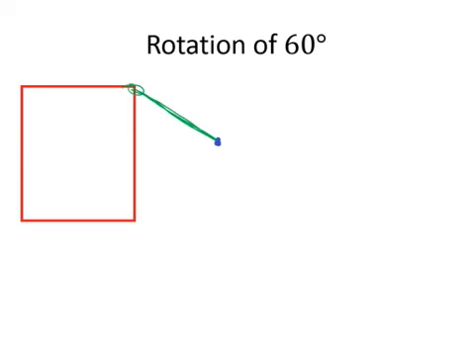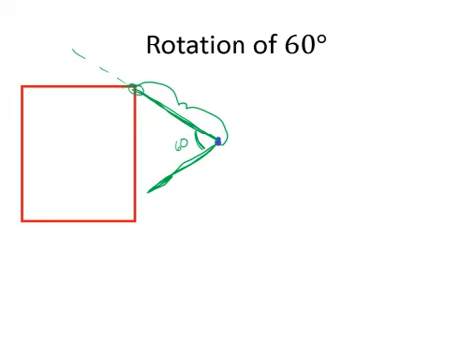Once I've drawn that, you could extend it longer if you need to. What you're going to do now is find a 60-degree angle. You measure this length, and you draw the same length over here.